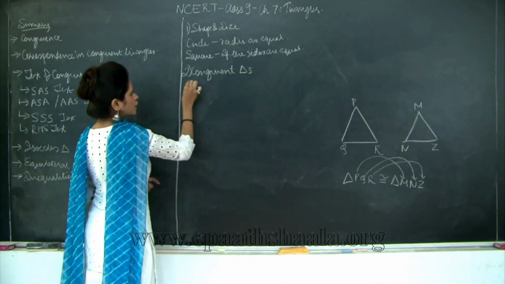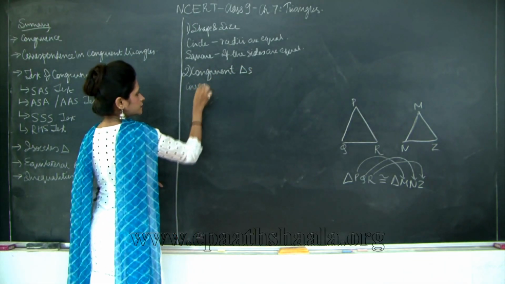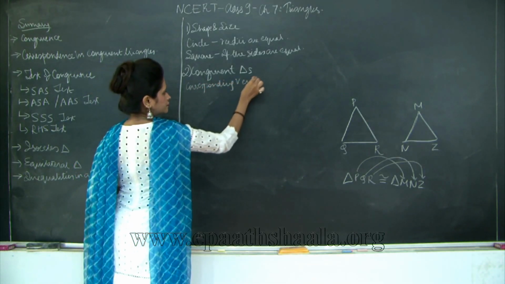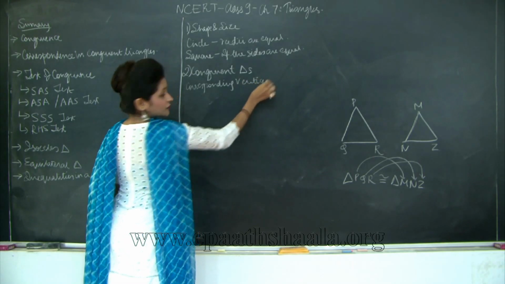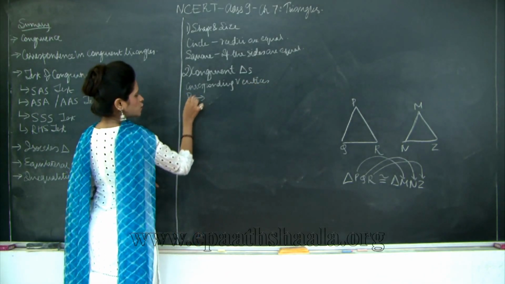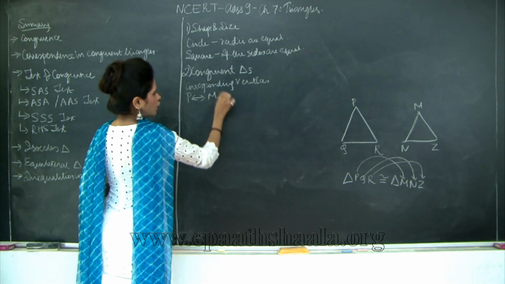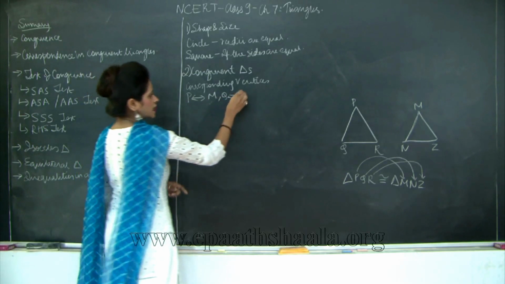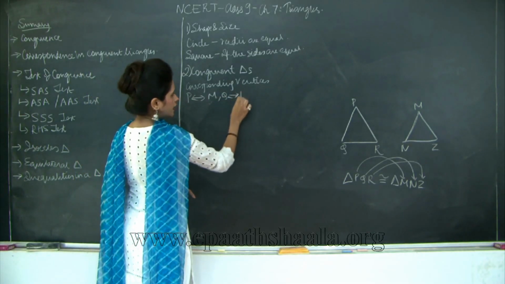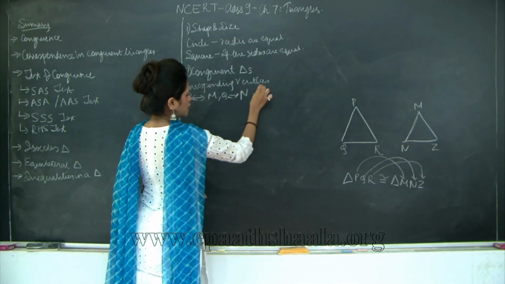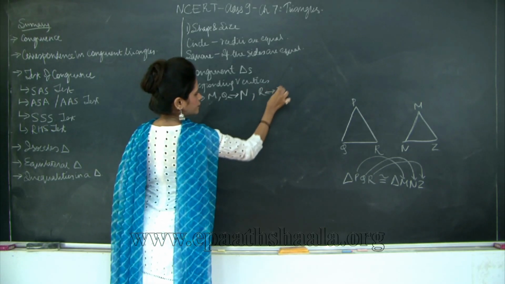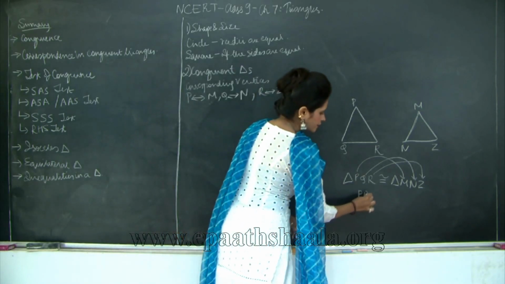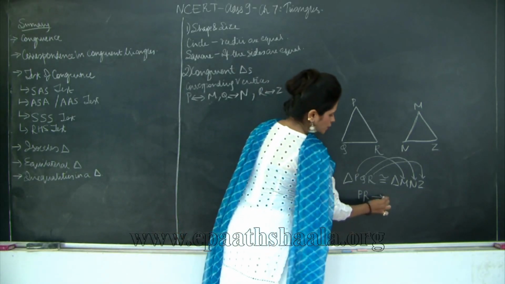So in congruent triangles, what do I have? Corresponding vertices. Here, P corresponds to M, Q corresponds to N. The correspondence sign is given by a dash and two arrows at the sides of the dash. And R corresponds to Z. Similarly for the sides, if I say PR, for example, PR will correspond to which?